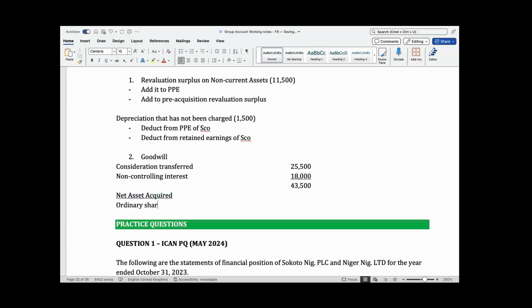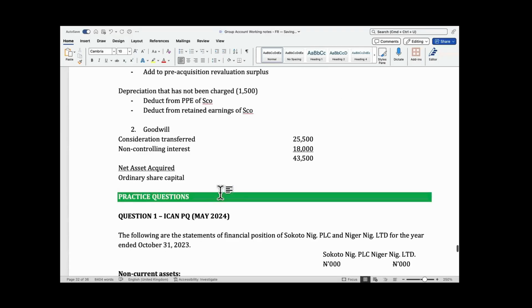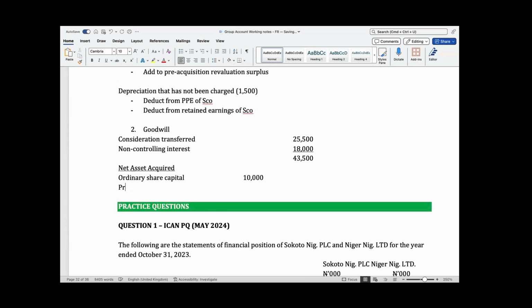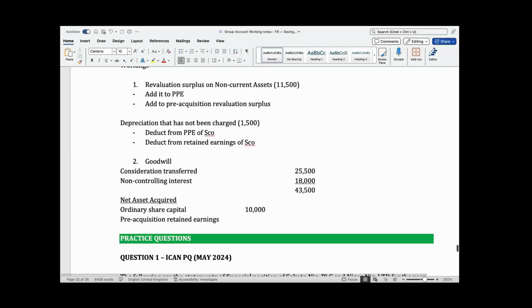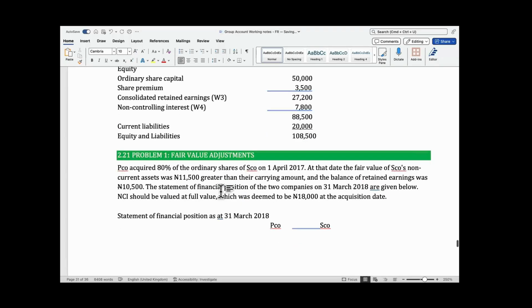What's the ordinary share capital of the subsidiary? 10,000. What's the pre-acquisition retained earnings? $10,500. Yeah, 10,500.